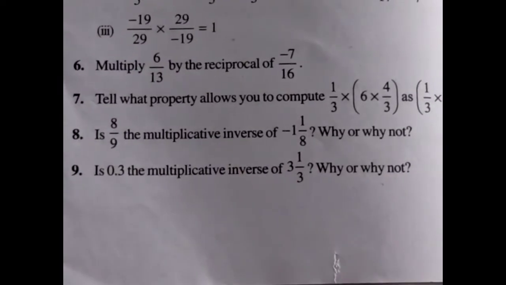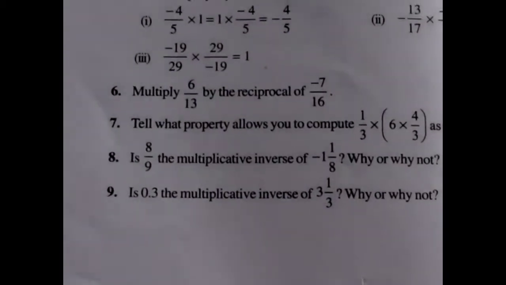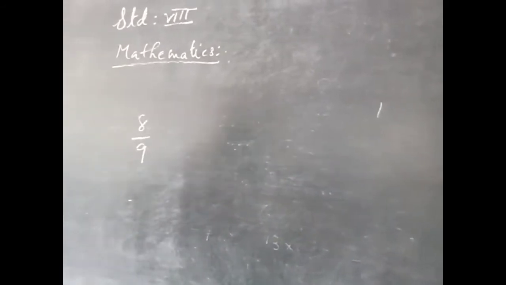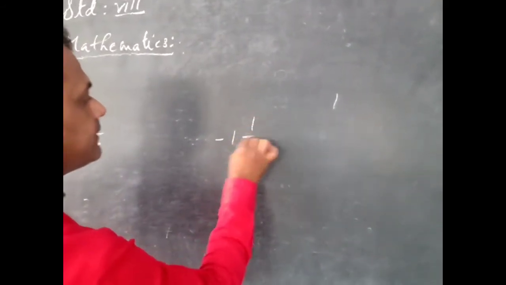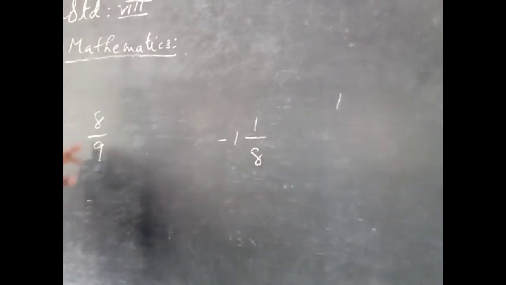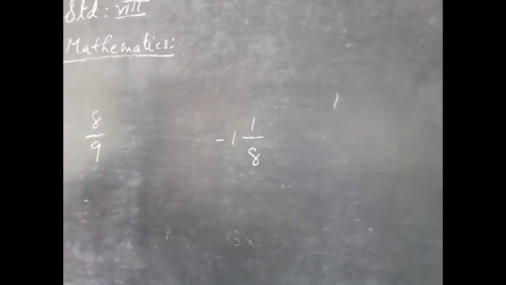Now, is 8 upon 9 the multiplicative inverse of minus 1 integer 1 upon 8? Why or why not? We just have to justify and reply why or why not. Let's try to find out. See, 8 upon 9 is a fraction and minus 1 integer 1 upon 8 is a mixed fraction.